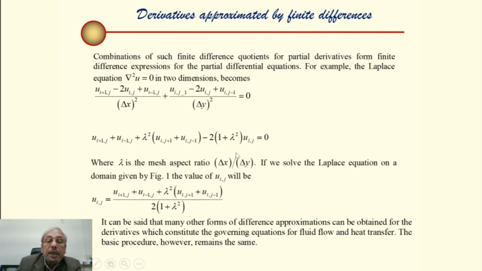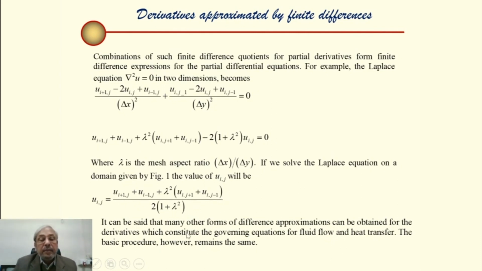And if lambda x equals lambda y, then it is simply u_i+1,j plus u_i-1,j plus u_i,j+1 plus u_i,j-1 divided by 4.